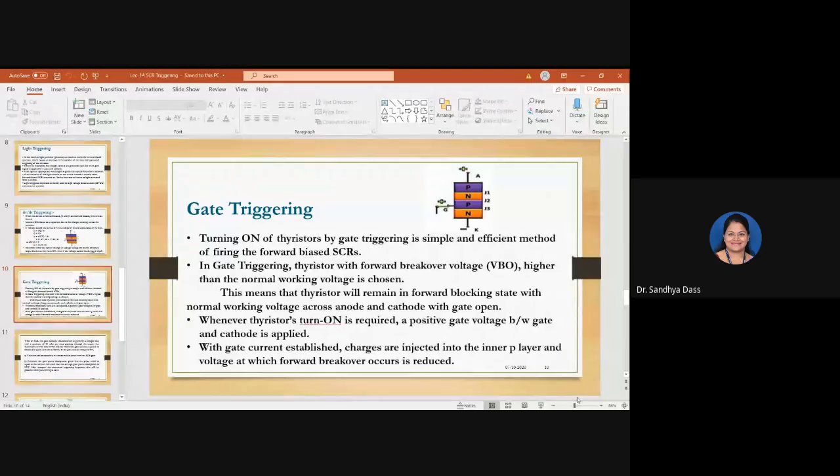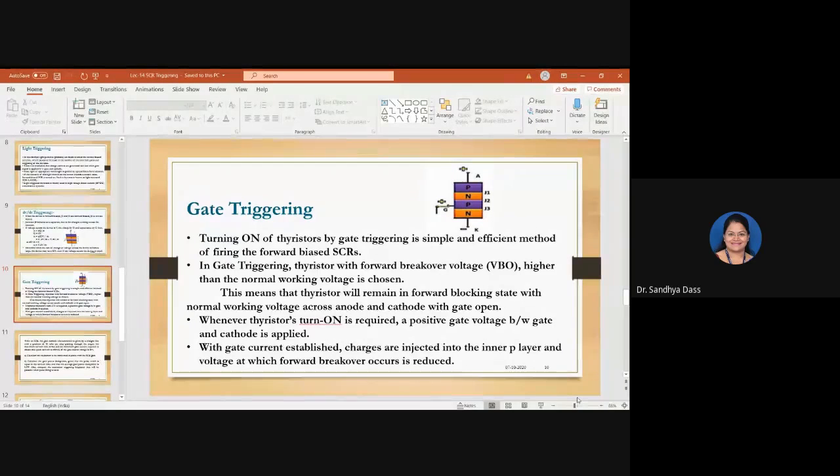So even if the voltage applied across anode and cathode is below VBO, that is breakover voltage, you can make the SCR turn on sooner by applying a gate signal.